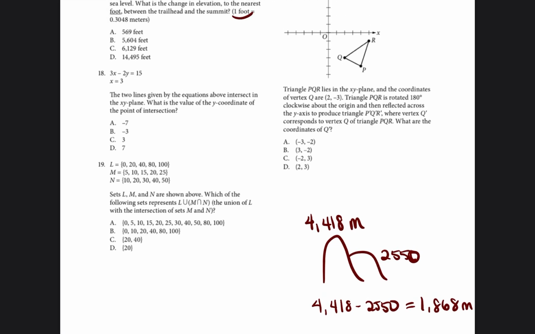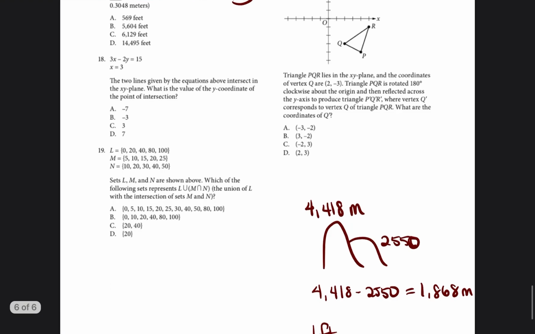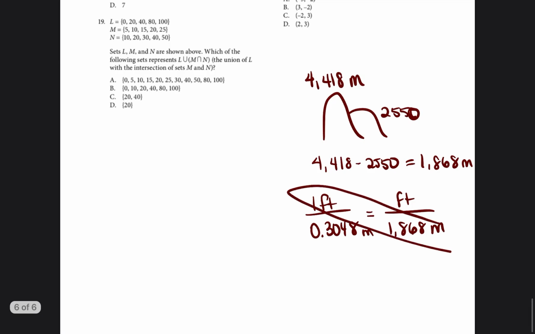They want us to say the answer in feet. It says 1 foot is equal to 0.3048 meters. So feet go on top, and the 1,868 meters goes on the bottom. Now I just have to cross multiply.